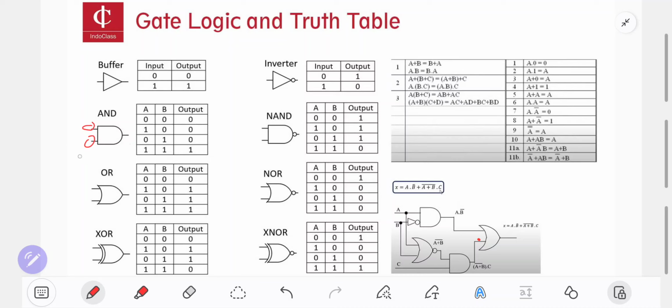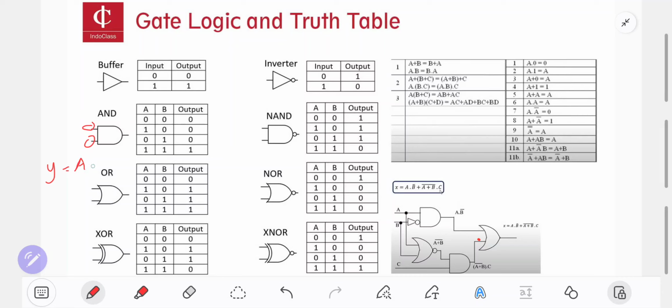If you want to write it, for example, Y is output and A, B are input.